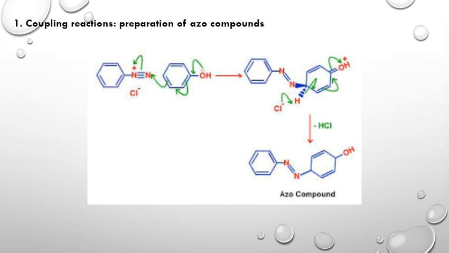After that you will get Cl with H to produce HCl, and the final product is the azo compound. As I said, azo compounds have different uses in the reaction and in the industrial field.